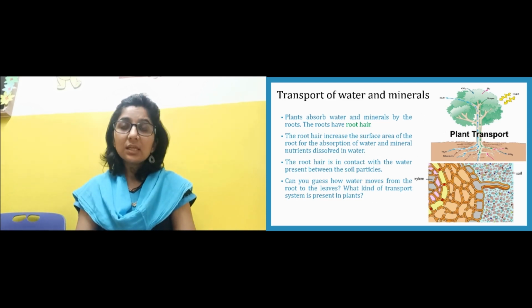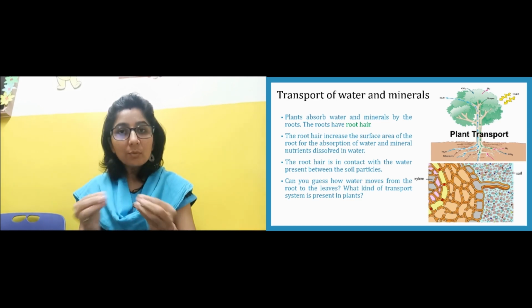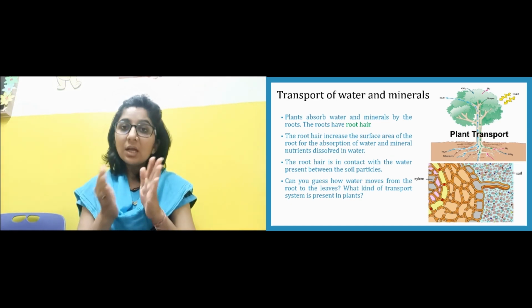So let us see how the transport of water and minerals takes place through a plant. We know that plants absorb water and minerals by the roots. Of course, the roots will only absorb the water and minerals present in the soil. The roots have root hairs, as we have seen in the last chapter.